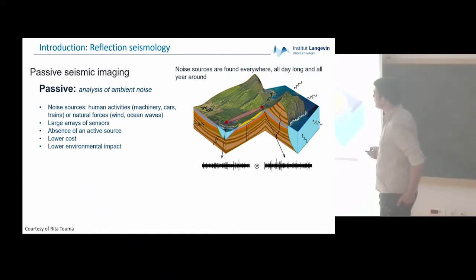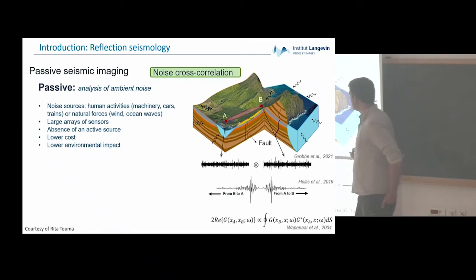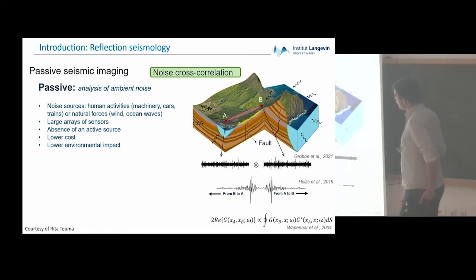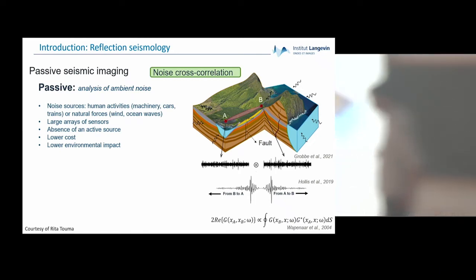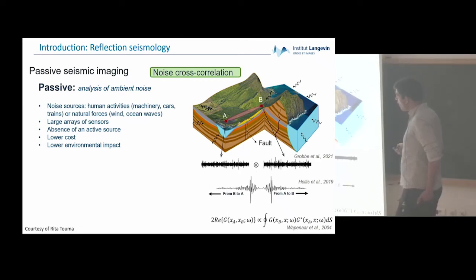So I will not explain to you what correlations of noise are, but we can record the noise between 2 points and then cross-correlate it, and then you get the information that you would have if you had induced a mini-earthquake at A and recorded the wave field at B. So you obtain this Green's function, and this Green's function for us is an impulse response between A and B. So you can imagine, of course, that if you have an array of geophones, you can get from the cross-correlation of seismic noise all the responses between each geophone of the array, and you get what we call the reflection matrix.